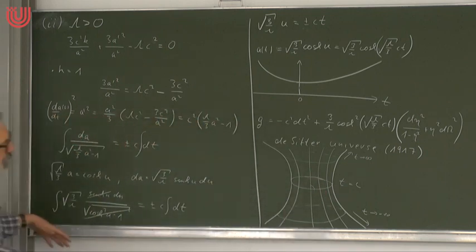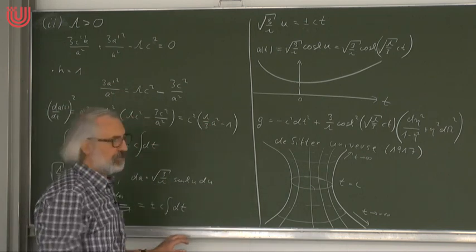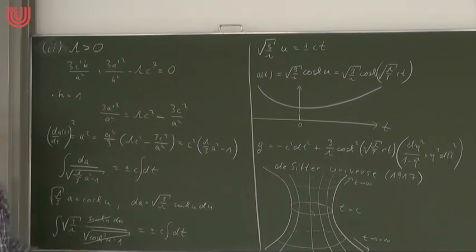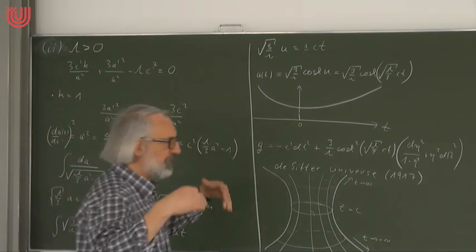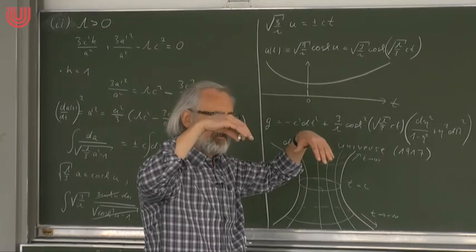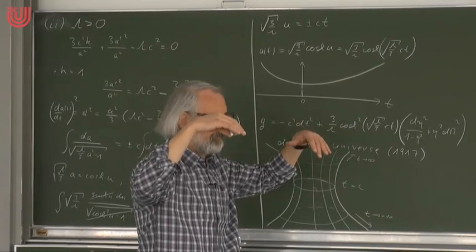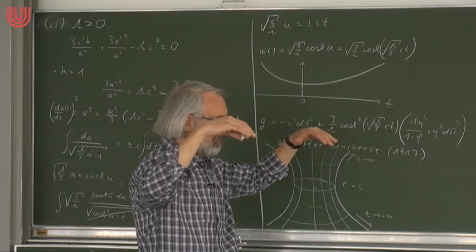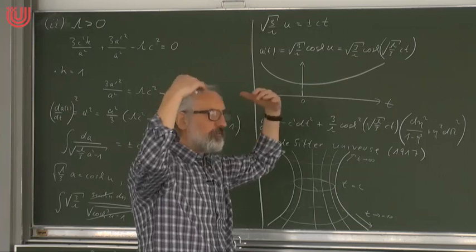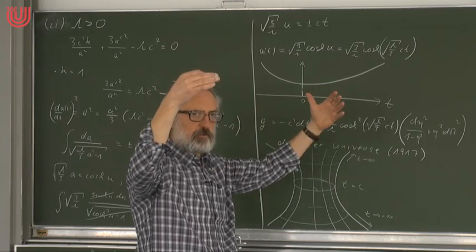Actually, I've drawn it so it looks like a hyperboloid, and actually, it is a hyperboloid. It really has the strict geometry of a hyperboloid, but it is in 4 dimensions. It's a 4-dimensional space-time, not a Riemannian manifold. It has Lorentzian signature. It is a 4-dimensional Lorentzian manifold which can be embedded into 5-dimensional Minkowski space.